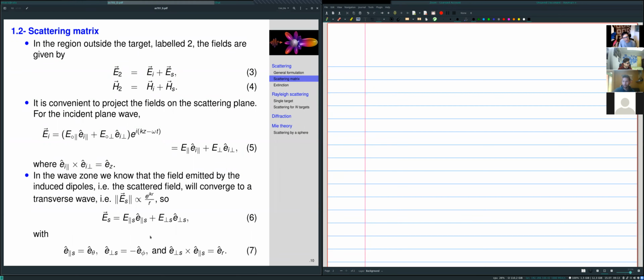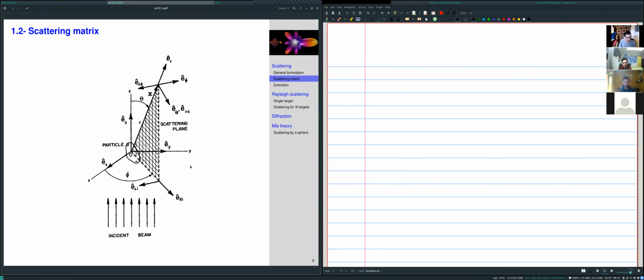We decompose the incident and the scattered electric fields on this new vectorial basis. Going back, here is E incident perpendicular and E incident parallel.